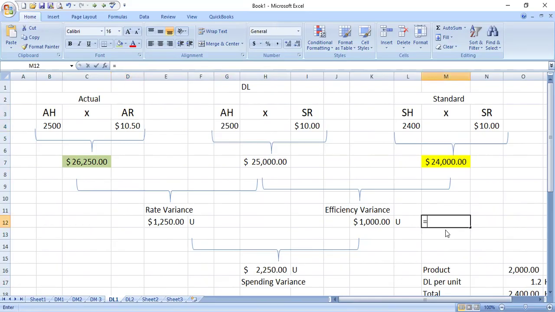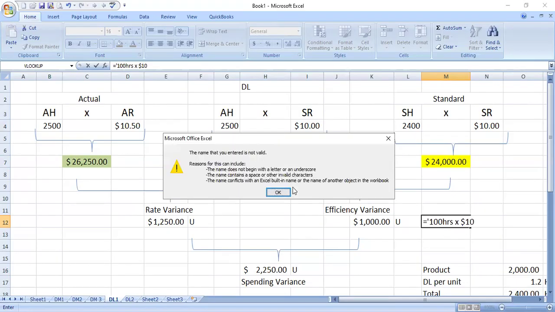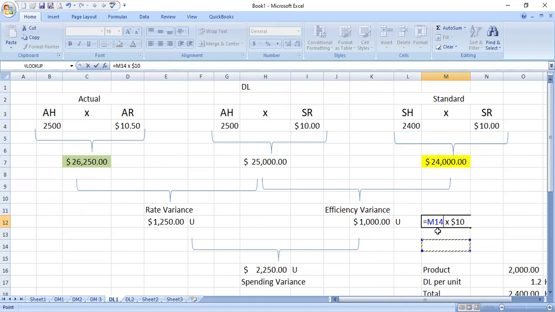Just because of the more hours spent, we're spending 100 hours more, correct? 100 hours more time, and we're paying $10 per hour. That's how we get those 1,000.